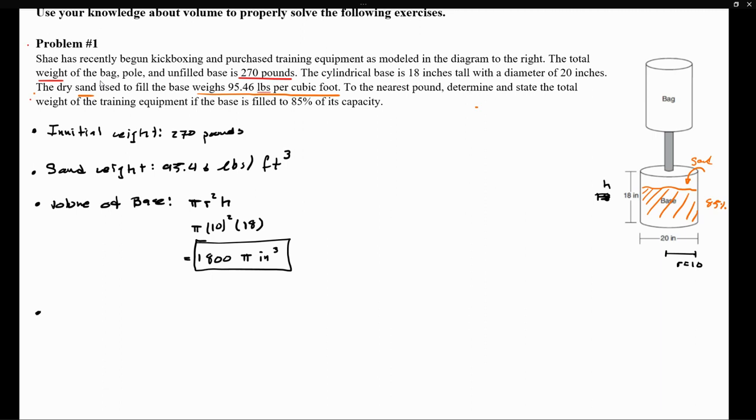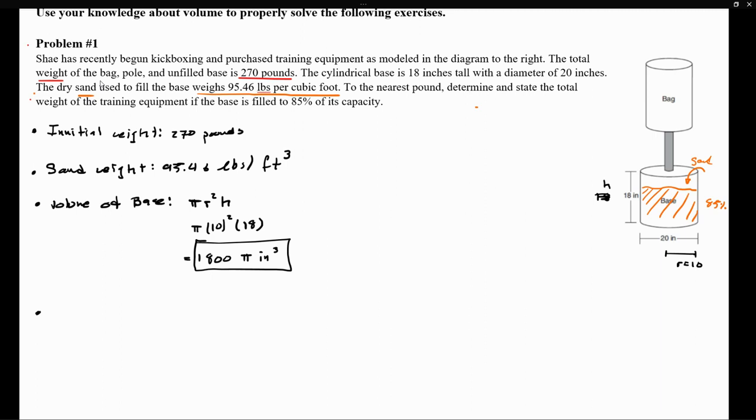But now the base is going to get filled in with sand. But notice one thing: the weight of the sand is given to us as 95.46 pounds per cubic foot, but we only know the volume in units of inches cubed, not cubic feet. So notice that that's a conflict of units.